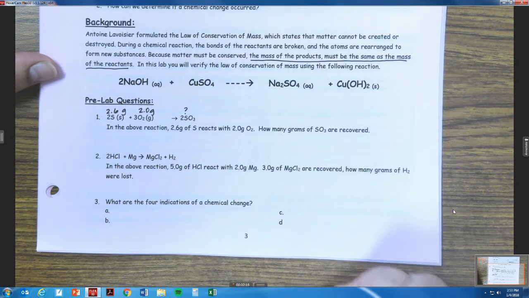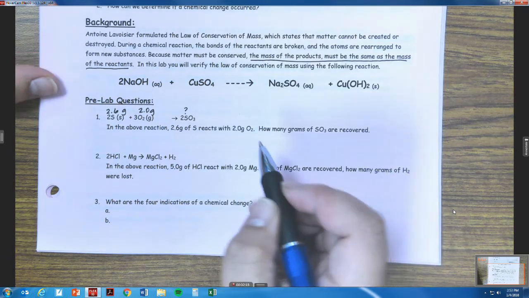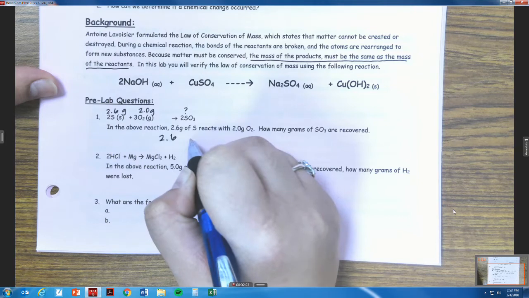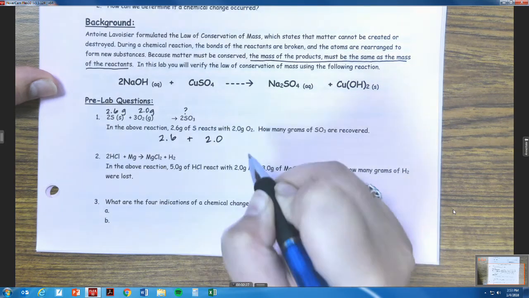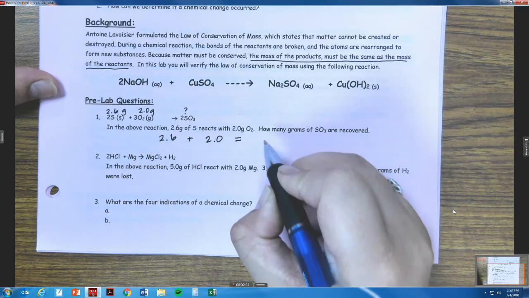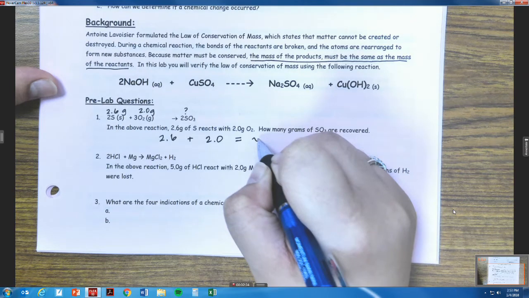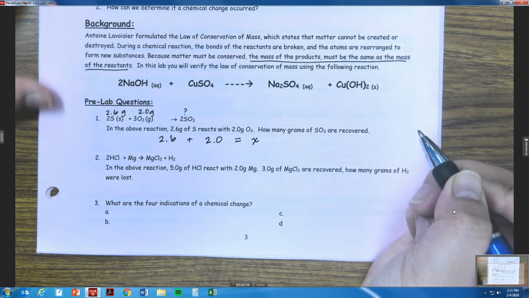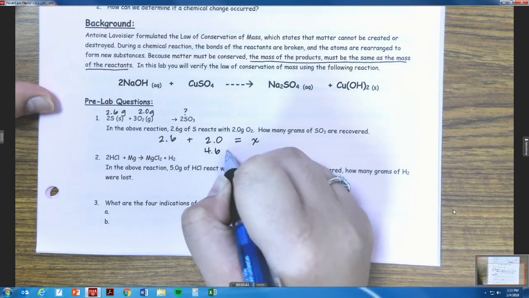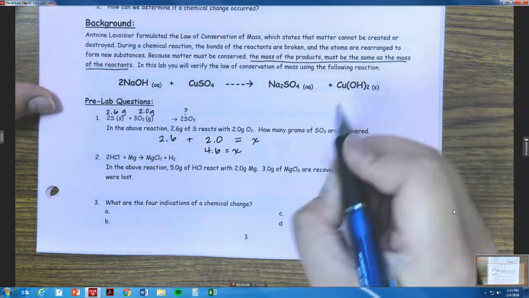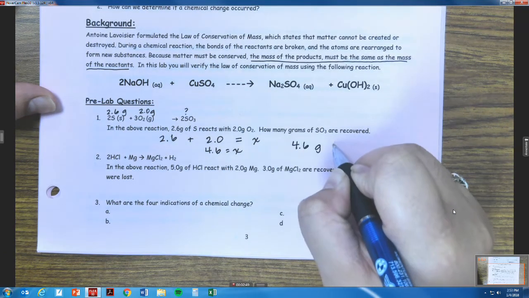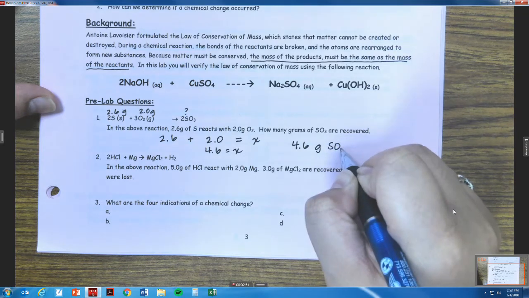Okay, so basically we can rewrite that equation as an algebraic equation. So we're going to have 2.6 plus 2.0 grams, that's our reactants, and it's going to equal our product, so we can label that as X. So basically 2.6 plus 2, well, that's 4.6 equals X. So we end up with 4.6 grams of sulfur trioxide.